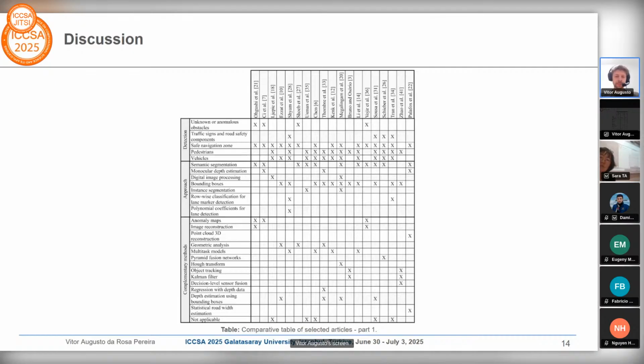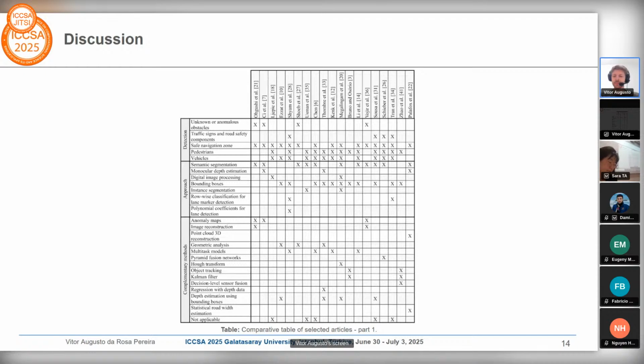On the main approach, there are some approaches, for example, the semantic segmentation, digital image processing, bounding boxes, also monocular depth estimation. On the complementary methods, that are methods that complement the detection, that interpret the data retrieved from the main approach and are used to complement the detection.